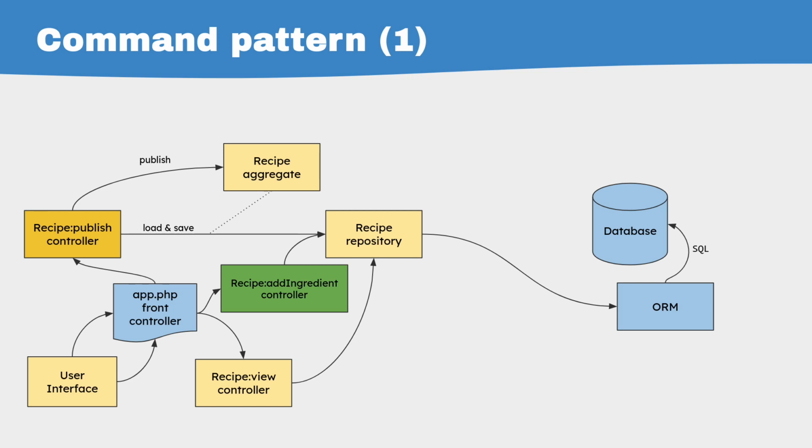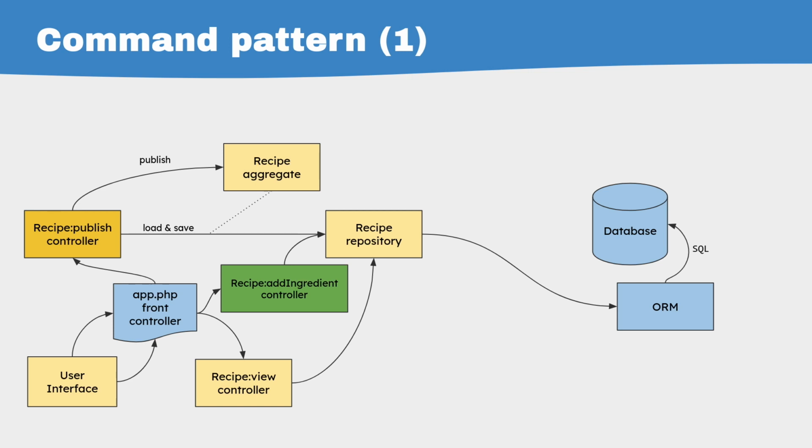So this makes space to also add another controller for add ingredient and another controller for add step, which talk to the same recipe repository, also call methods on that aggregate. But now the intention from the user is clear, and all these different commands are separated from each other, and if they were executed after one another, they wouldn't override each other's state.